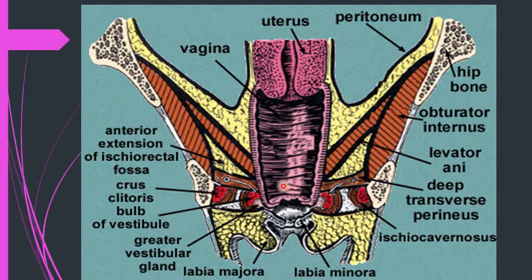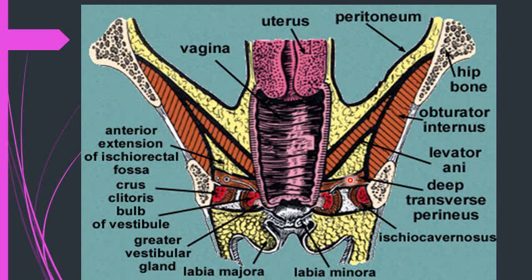So if you look into the perineum from the superficial aspect, then definitely there is the skin, and if you approach from the skin, there is the superficial fascia, which here in the perineum is known as Colles fascia. That is the extension of the membranous layer of the superficial fascia into the perineum.